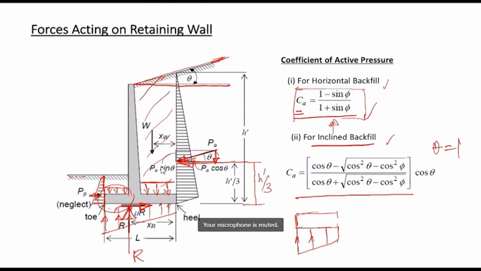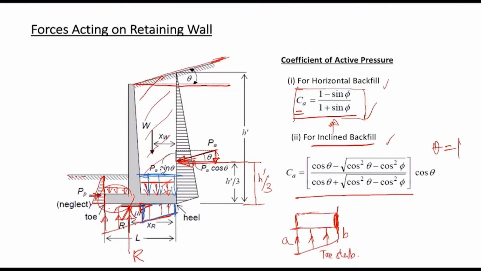So this is the critical section. We will have to calculate the shear force and bending moment at this section, and we will have to calculate the magnitude of this force. The distribution is this distribution. This soil pressure will be less the pressure exerted by the soil which is resting above the heel.